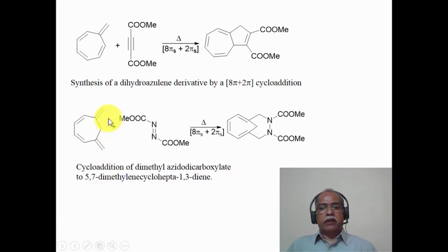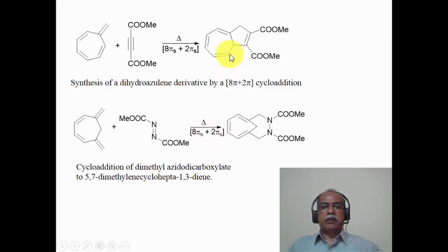Here the reaction essentially proceeds between this carbon over here and this carbon over here, resulting in the formation of a bridged bicyclic system of this type, and the cycloaddition of dimethyl diazodicarboxylate to form 2,5,7-dimethylene cycloheptadiene is what is illustrated as a 10 electron system in this particular case.